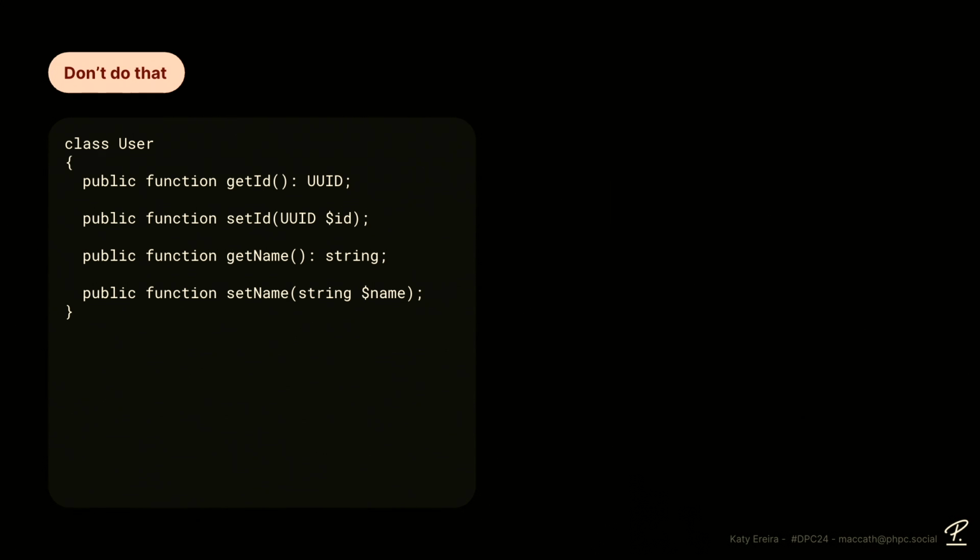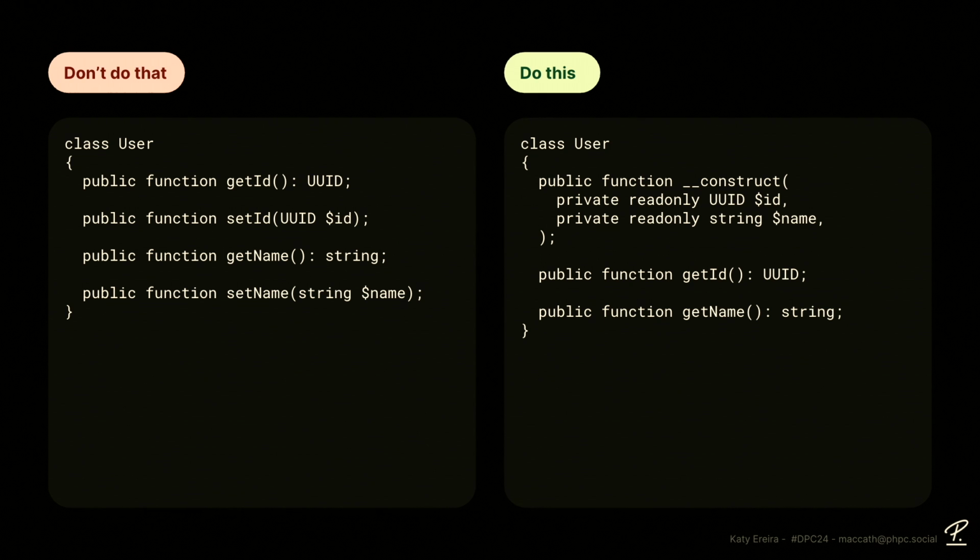Here we have a user object, and it has our getters and setters. And as I alluded to, sometimes you have these where it's get, set, get, set, with every single property that could be set on your entity. But when we thought about our domain, we realized that actually users must have an ID, and their ID never changes, right? So let's not do getters and setters.